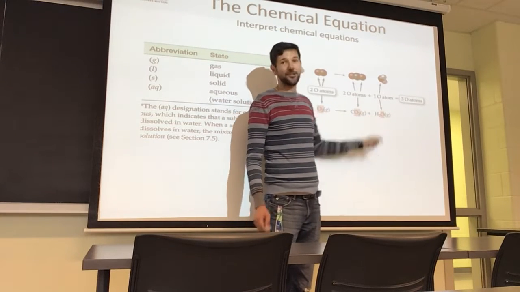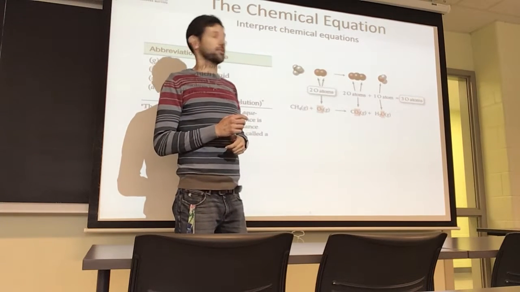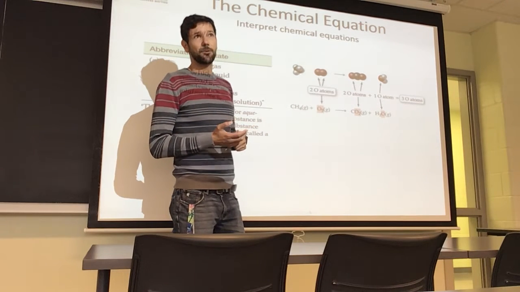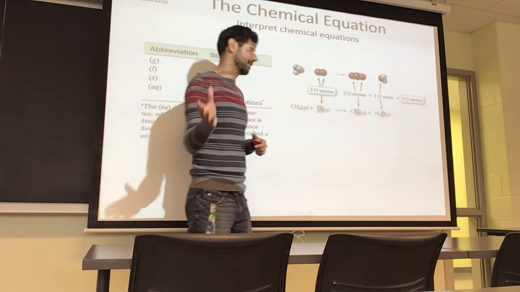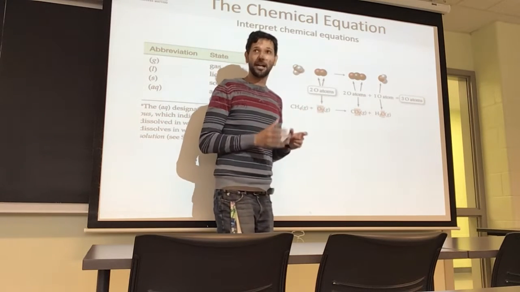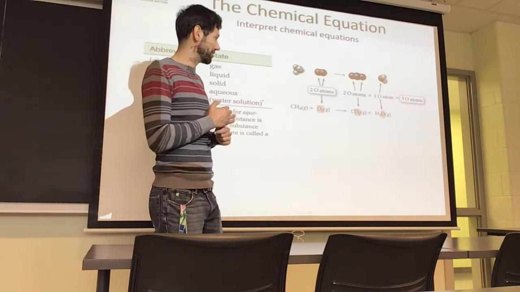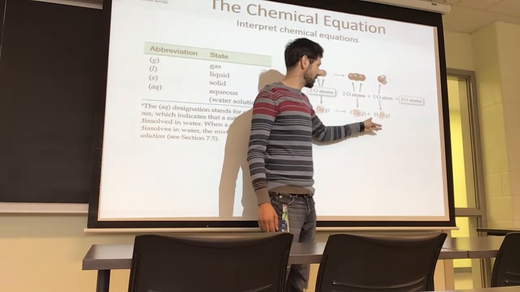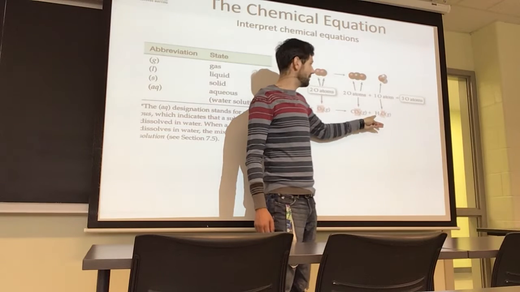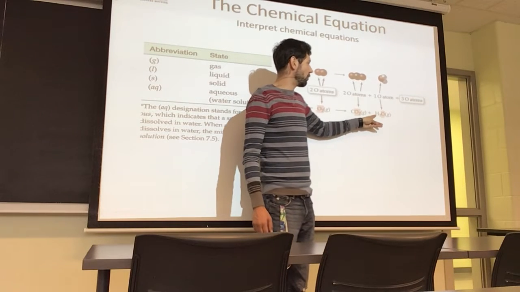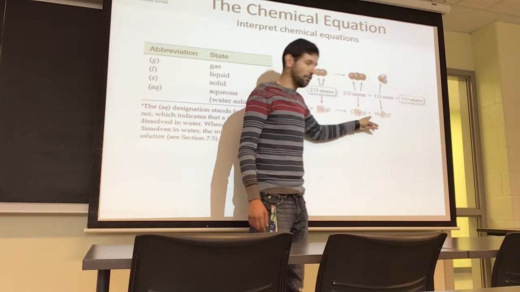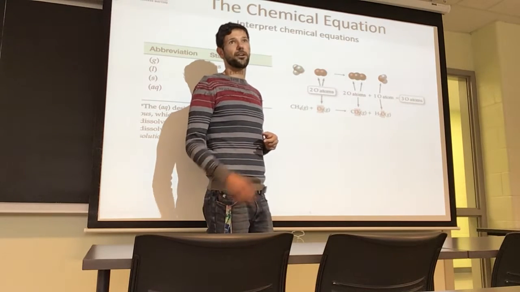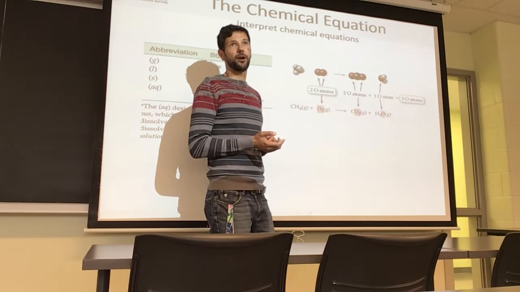I can't make this H4O, because not only would oxygen be unhappy to have 4 bonds, but that would change the identity and it would change the properties. This thing, if that were possible, might be some kind of a super acid, the likes of which we've never seen before. So we're not going to change the subscripts ever, we're just going to change the coefficients in front. And what that means is, it's never going to be H4O, there might just be 2 H2O molecules. So by placing a coefficient in front, we're just telling our reader how many of each molecule there are.